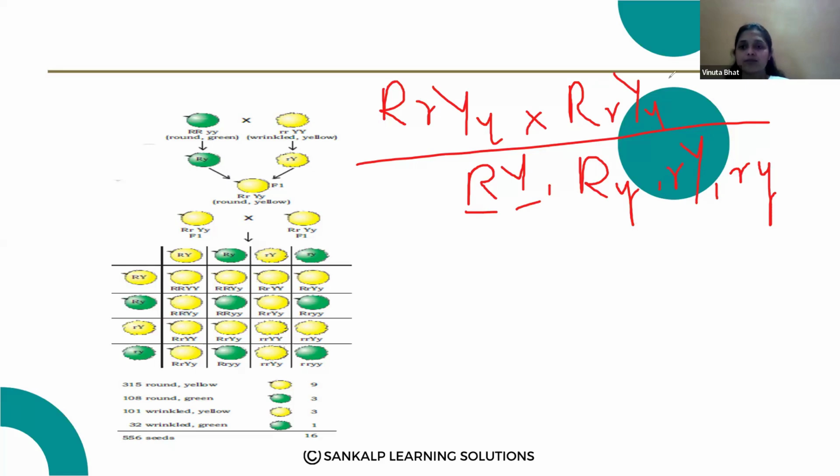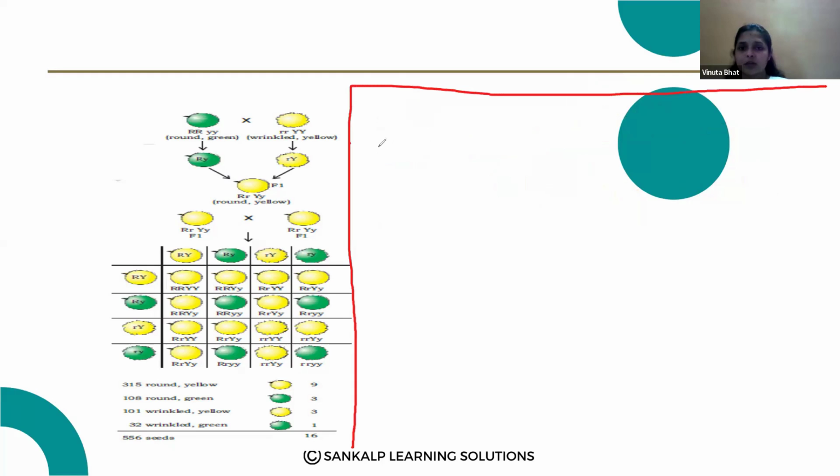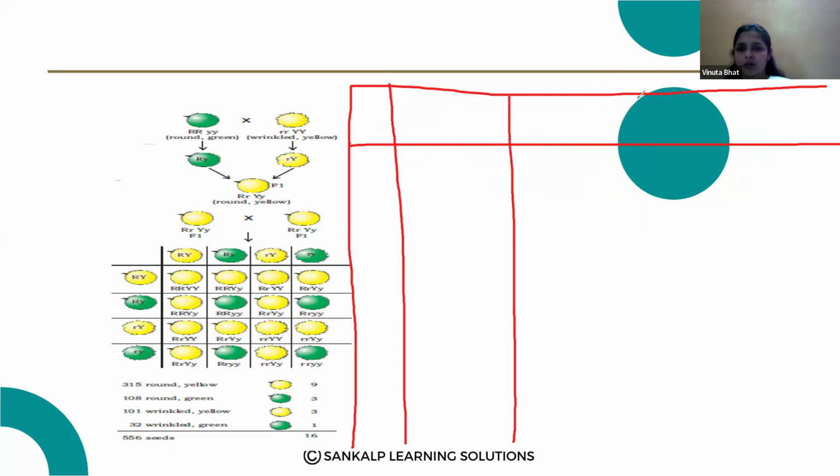Okay. Here, checkerboard. So here 1, 2, 3, 4.